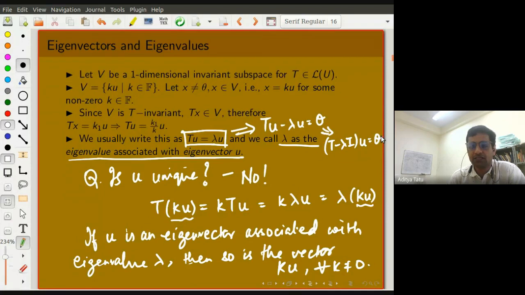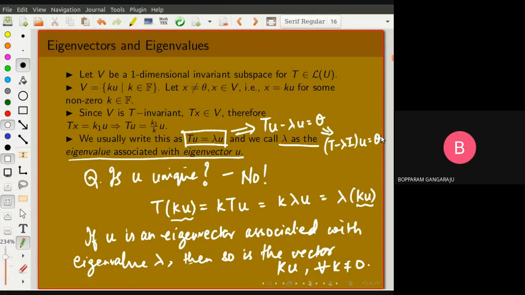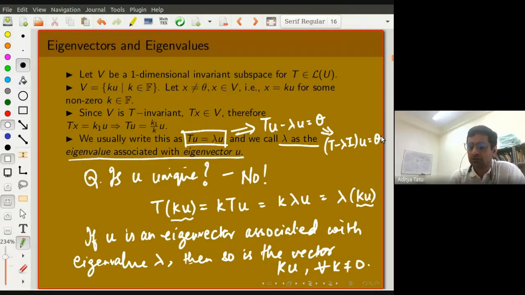T minus lambda I u is equal to theta, not 0. Yes, then what do we do with this? U cannot be theta, so T minus lambda I must be theta. Is that right?